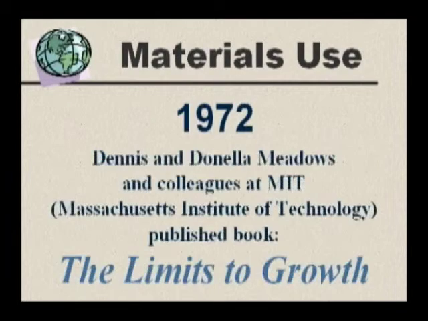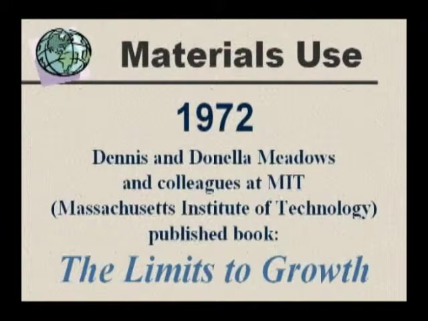And in 1972, there was a study by Dennis and Donella Meadows, colleagues at MIT, and they produced a book called Limits to Growth. In retrospect, it was probably an unfortunate title. Sounds almost un-American. But what they did was basically apply computer models, and they were somewhat limited at the time.